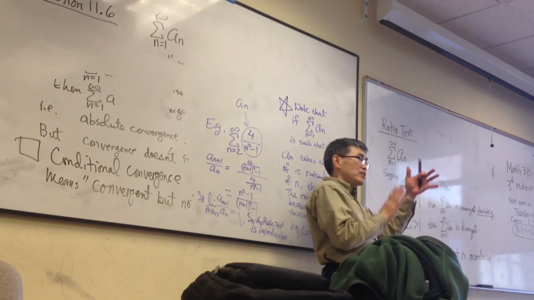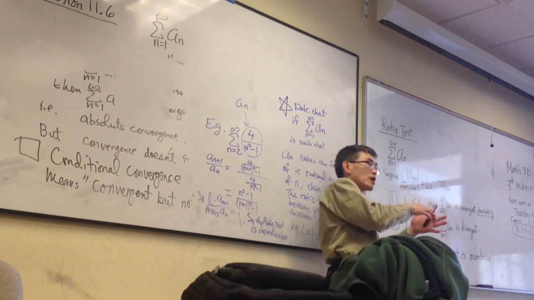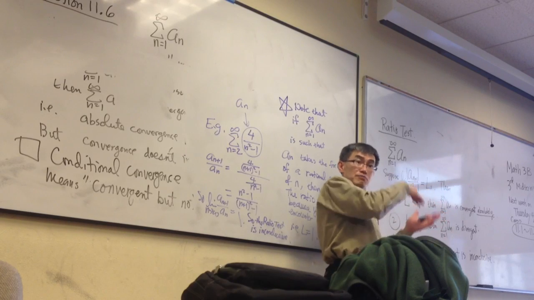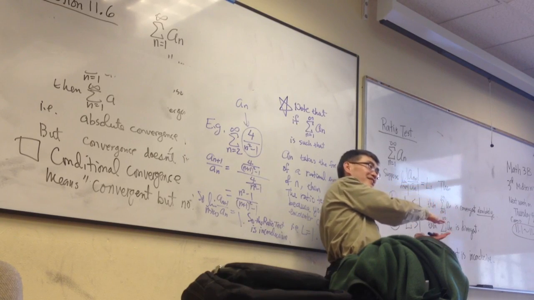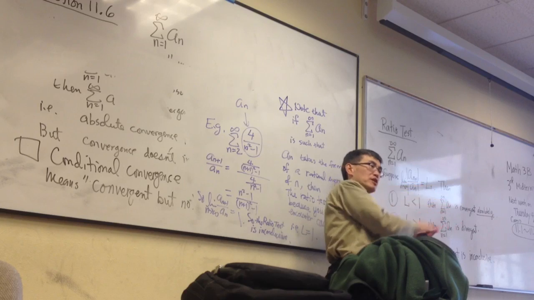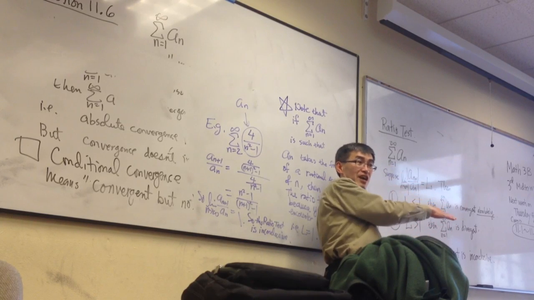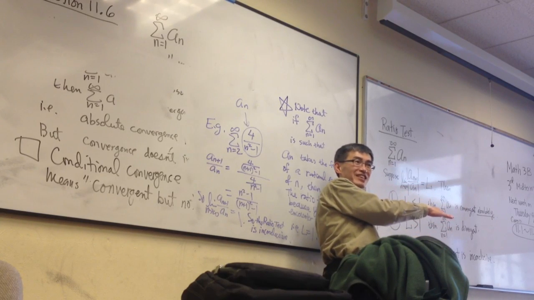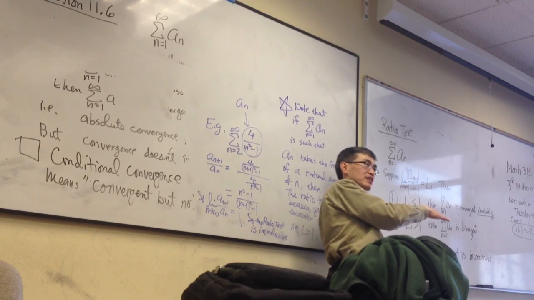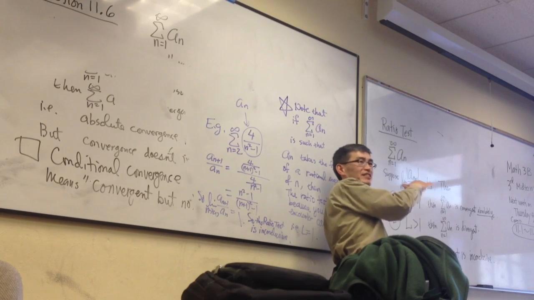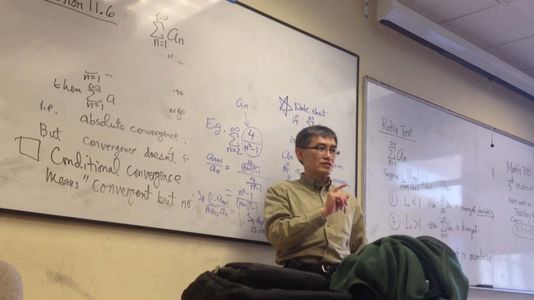If each successive term becomes smaller and smaller in absolute value, smaller and smaller in size, fast enough, that's the key. If it drops off fast enough, then the absolute value series will converge. Okay? So here's an example.